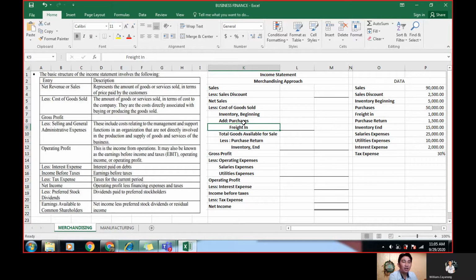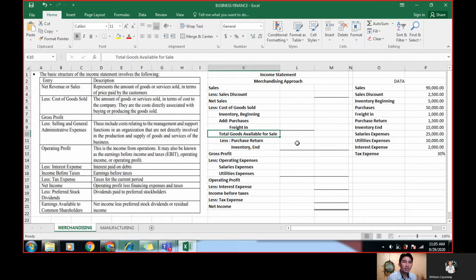Okay, and if you are going to add all of those, then you will get your total goods available for sale. Meaning those are the total goods that are available na ibenta mo sa mga customers mo. And then we have this purchase return. Upon checking your purchases, you saw some merchandise items that are defective. Now, pwede nating ibalik kasi yan sa seller natin.